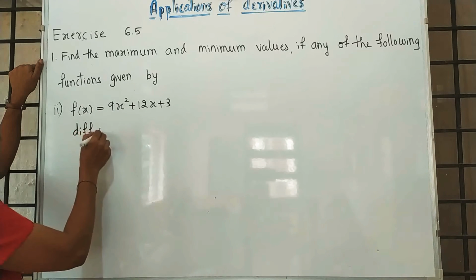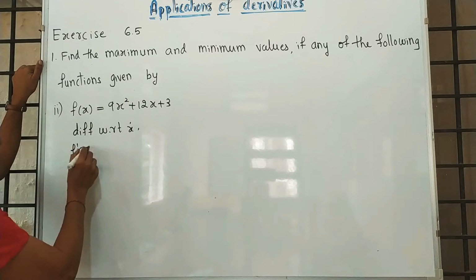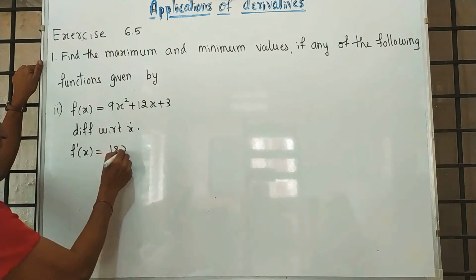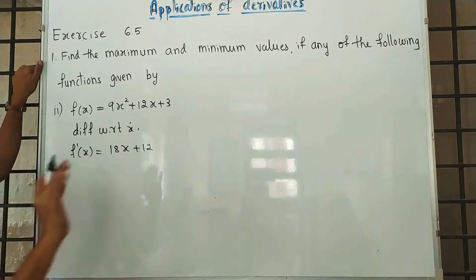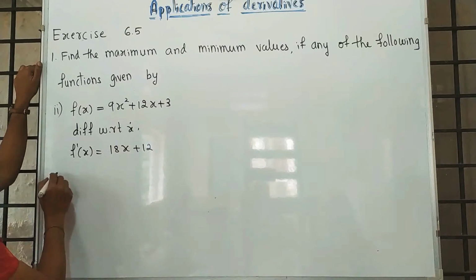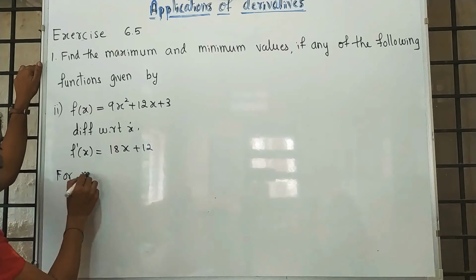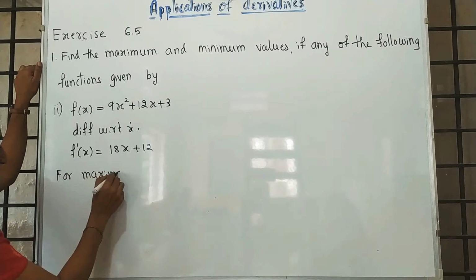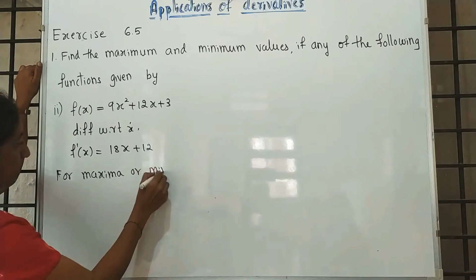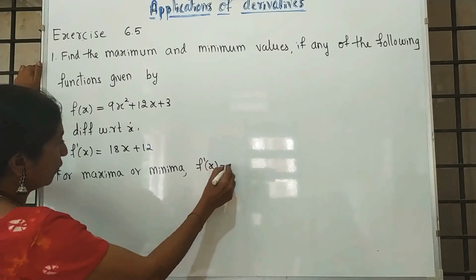We have to find the first derivative, differentiating with respect to x. f dash of x is 18x plus 12. First step is completed. After the first derivative, we have to equate it with 0. For maxima or minima, f dash of x is 0.